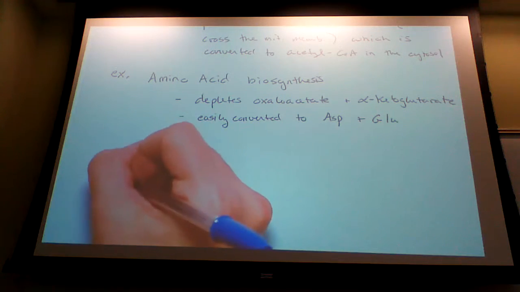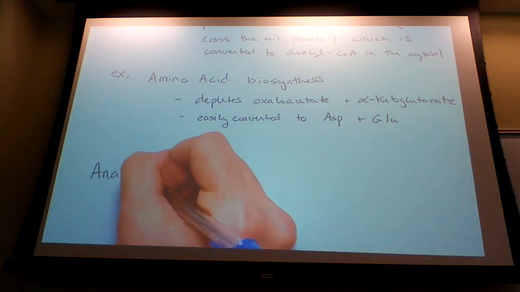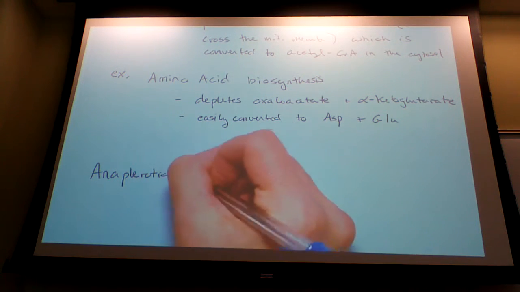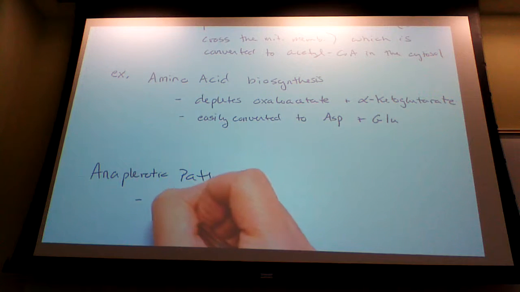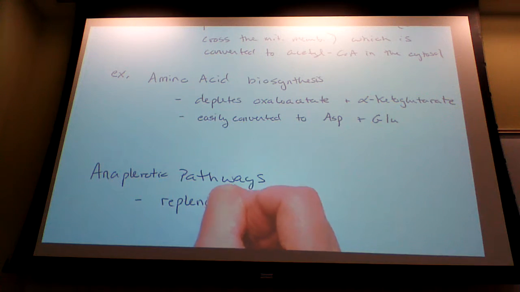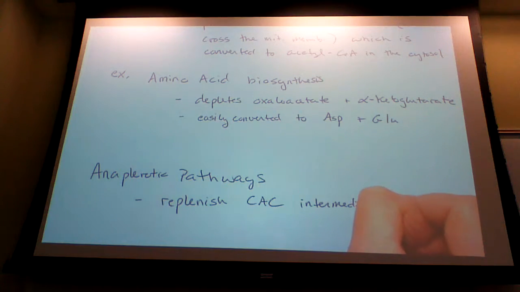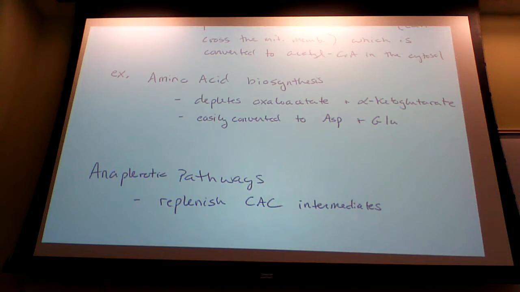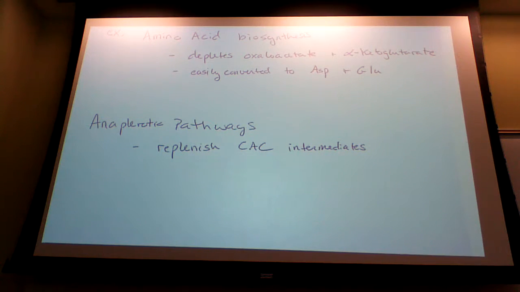But you've also got the anaplerotic pathways, and these replenish citric acid cycle intermediates. They increase the concentration. And we need this, okay?